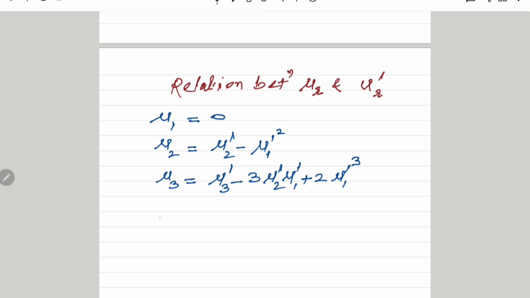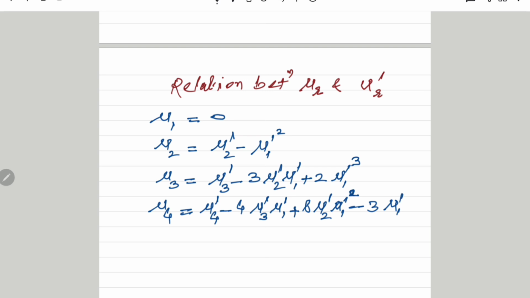And lastly, the fourth result. Mu 4 is equal to mu 4 dash minus 4 mu 3 dash mu 1 dash plus 6 times mu 2 dash mu 1 dash square minus 3 times mu 1 dash raised to 4.